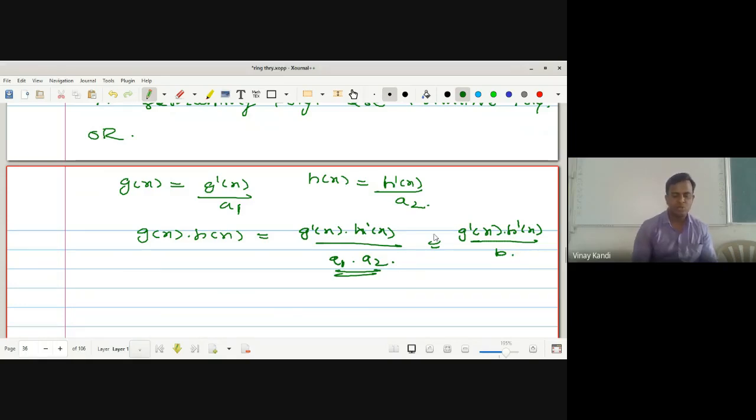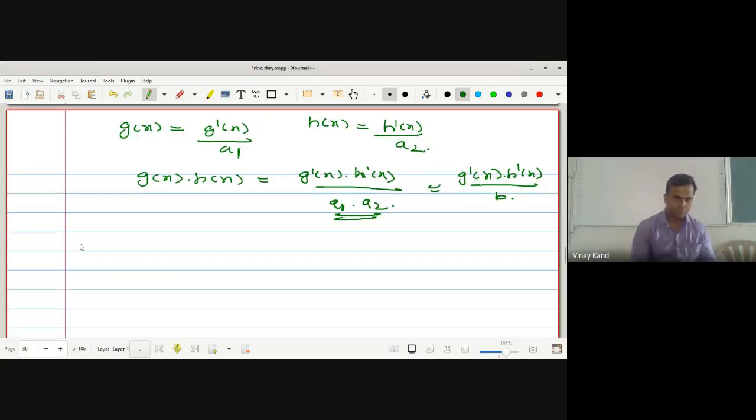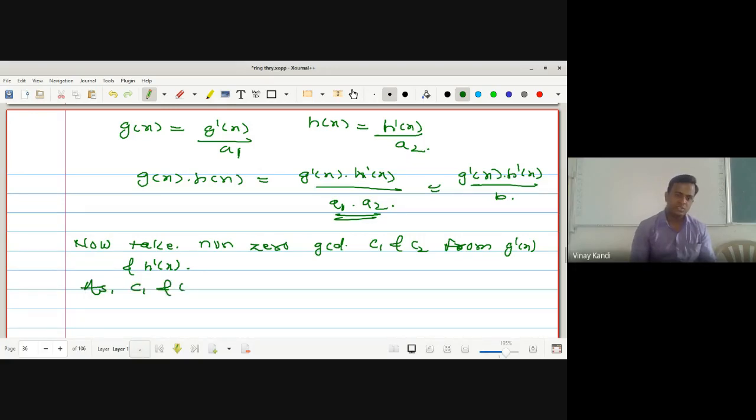Okay, c1 and c2 from g dash and h dash. Now take the non-zero greatest common divisors c1 and c2 from g dash of x and h dash of x. As c1 and c2 are non-zero, they are units in the set.